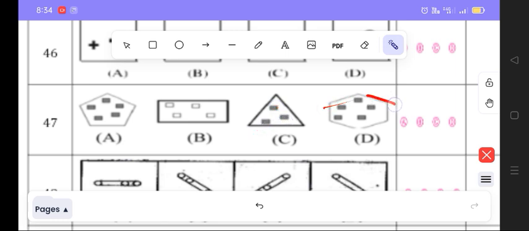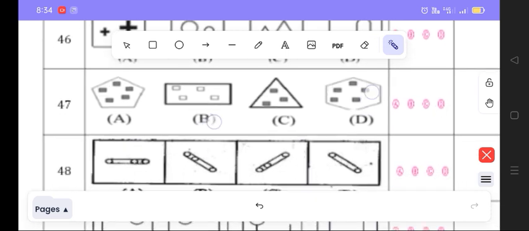In D, hexagon, inside hexagon 5 small rectangles are. When you observe blindly, you may think that in B the rectangles are not shaded in the inside and you may choose B, but that is wrong answer. Which is the odd one here? D, because lines and number of rectangles are not equal, unequal. That's why D is the odd one.